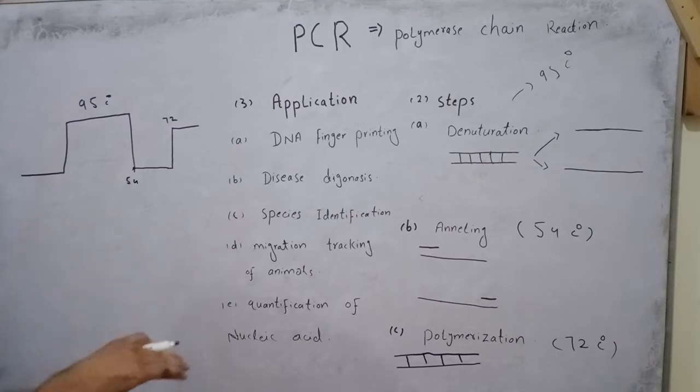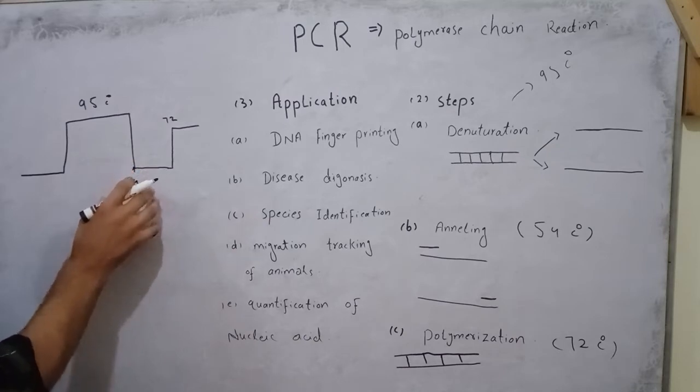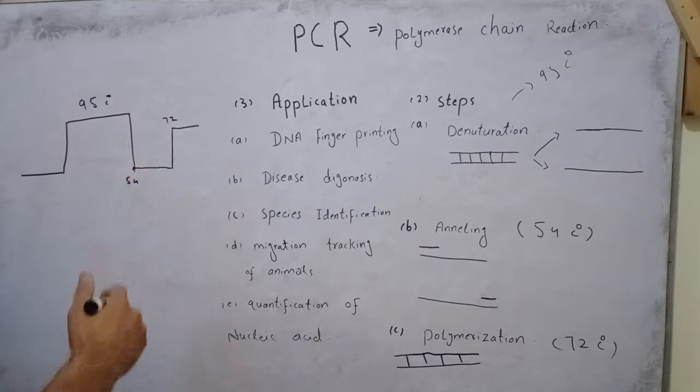Then in annealing, when primers are attached, we reduce the temperature to 54, and then we increase the temperature to 72 degrees centigrade to activate our Taq polymerase enzyme.